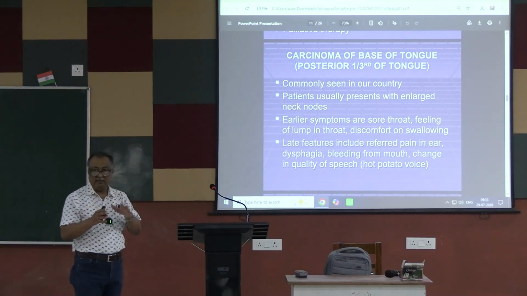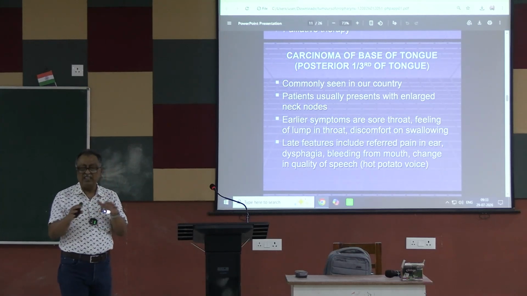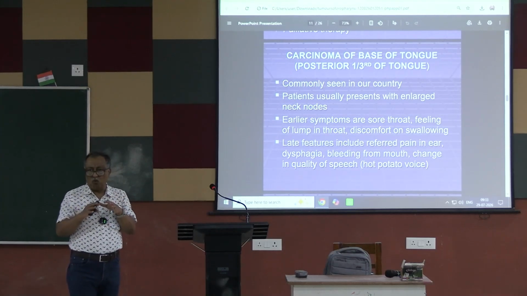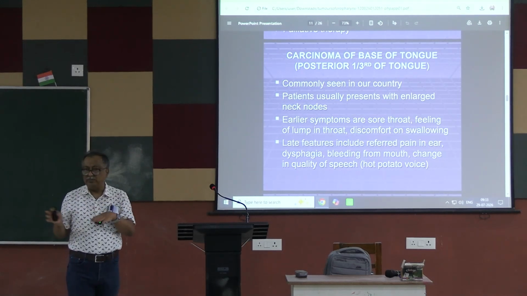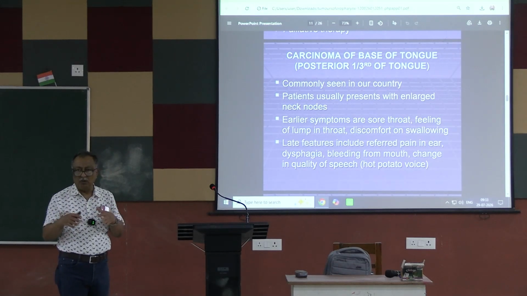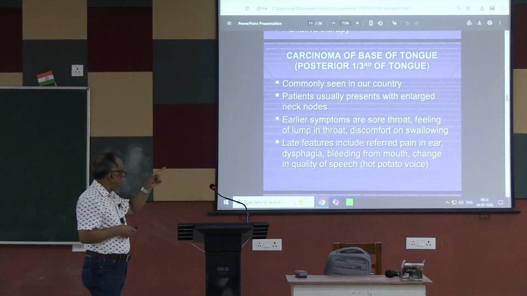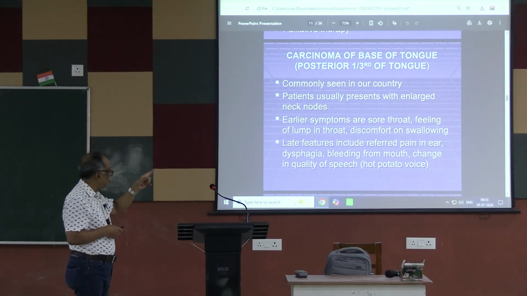So it is hidden, there is no symptom, just an irritation of the throat, pain, not more than that. The physician advises warm saline gargle, paracetamol, antibiotics, everything. The earliest symptoms are sore throat, feeling of a lump, throat discomfort.